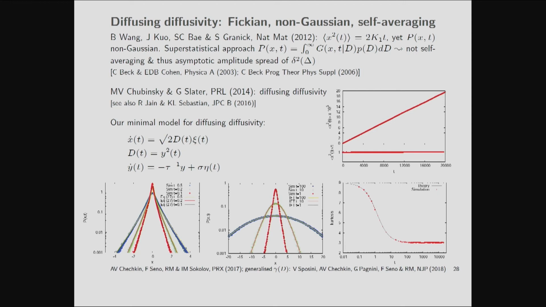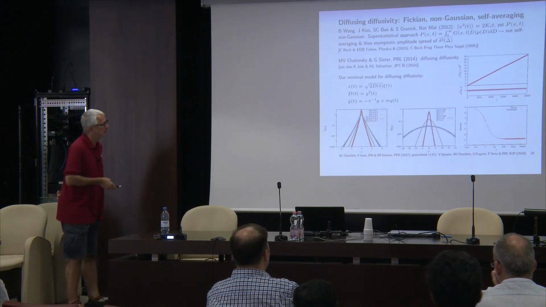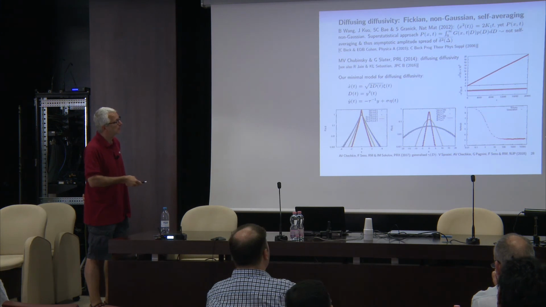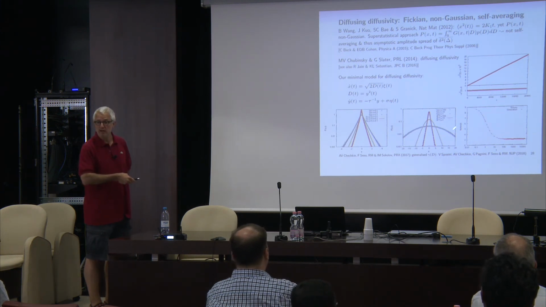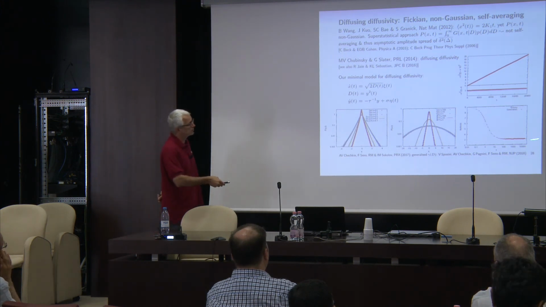So we were hearing about diffusing diffusivity, and this is kind of our version where we have the time dependence of the diffusion coefficient that we map onto a square of a process, which is then an Ornstein-Uhlenbeck. When you look at the kurtosis, which is measuring the non-Gaussianity, you see exactly this crossover behavior.